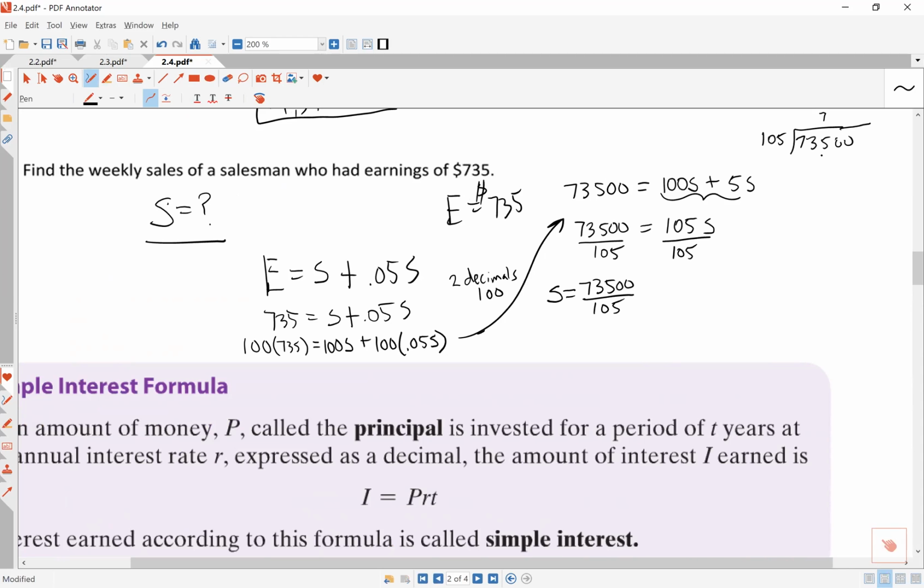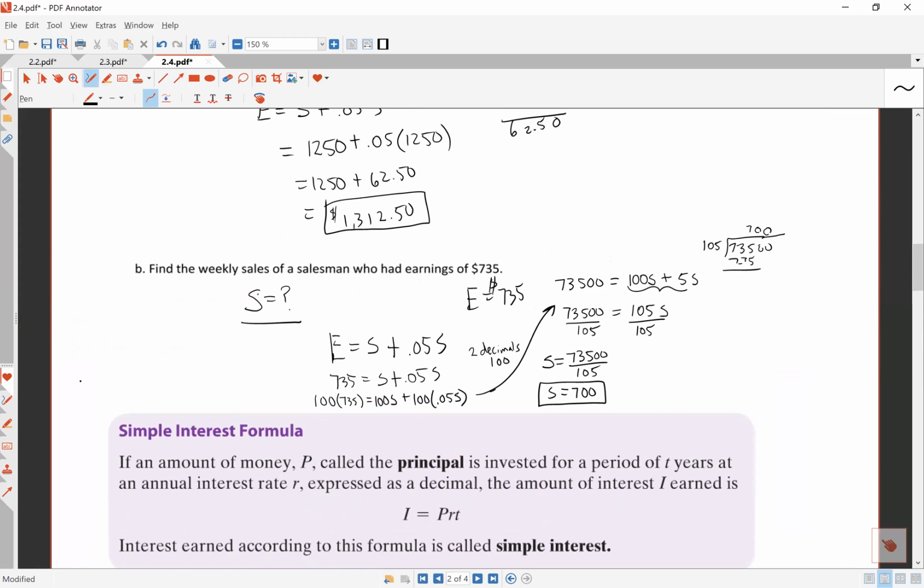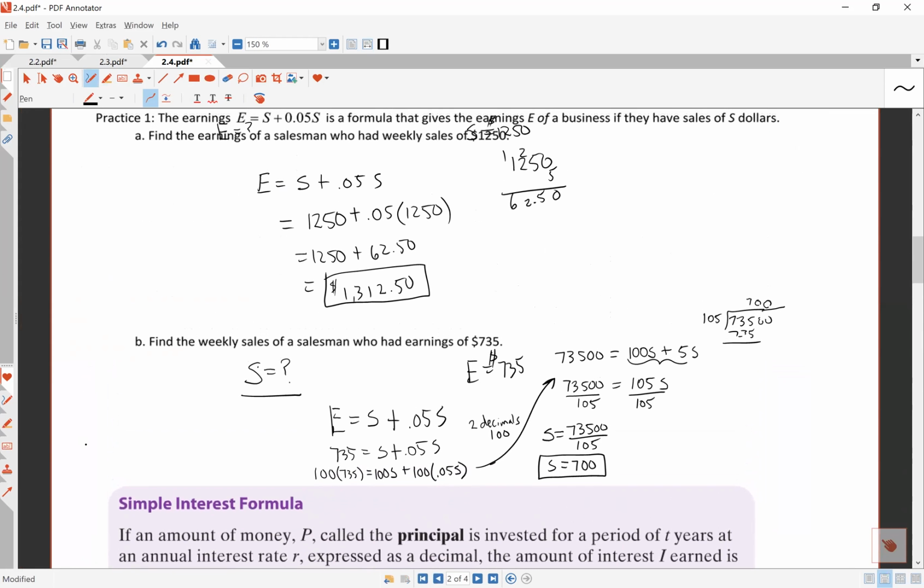That's 7 times 5 is 35. That gives us 700. So it was the $700 that got increased by 5% that ended up being 735. Okay, so like I said, you'll see these types of problems for the first couple of units, markups and markdowns.